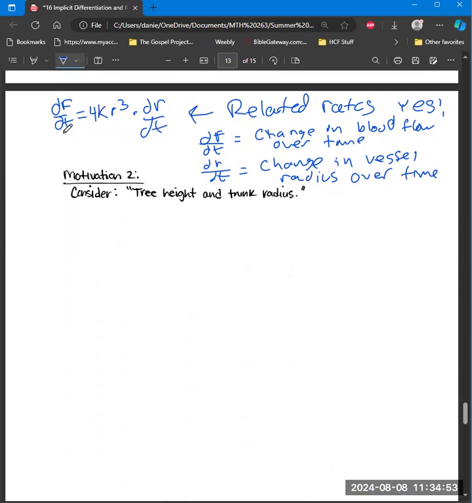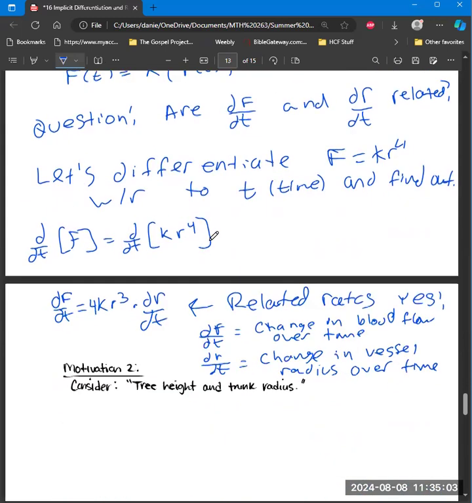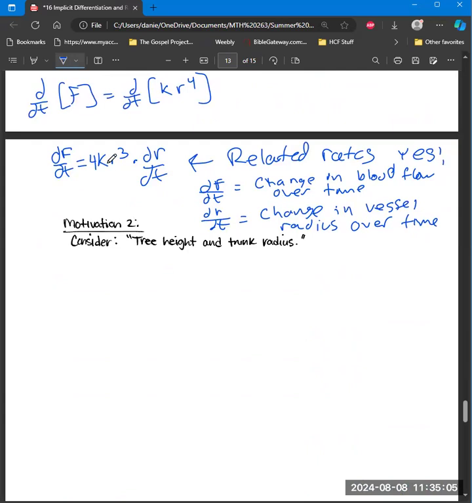And if they gave us enough information to find k in the original, which means that we'd need both an F and an R to find k, and then if we had k and R, and they gave us either df dt or dr dt, whichever one they gave us, we could solve for the other one.